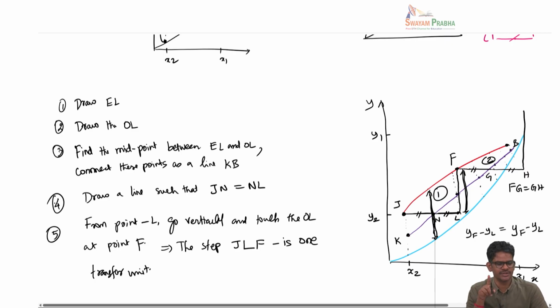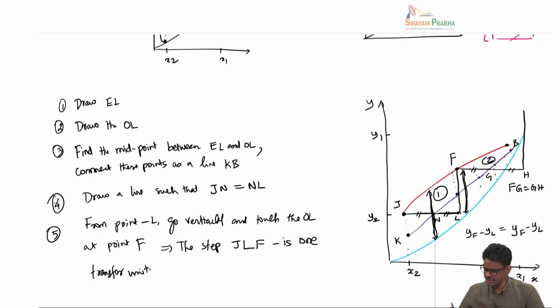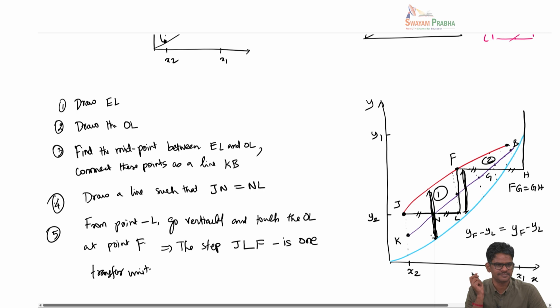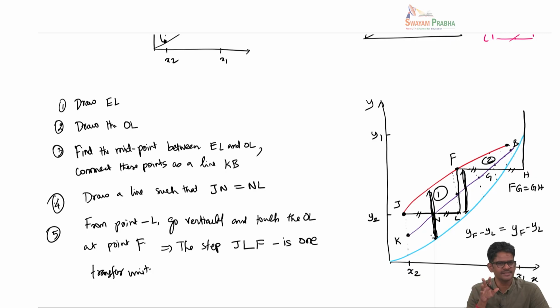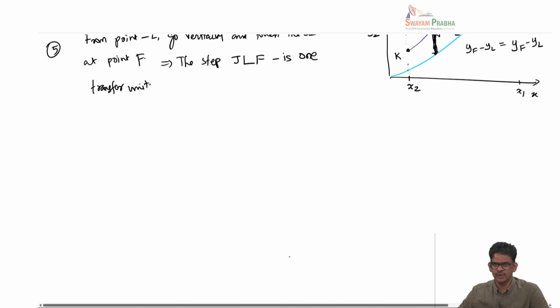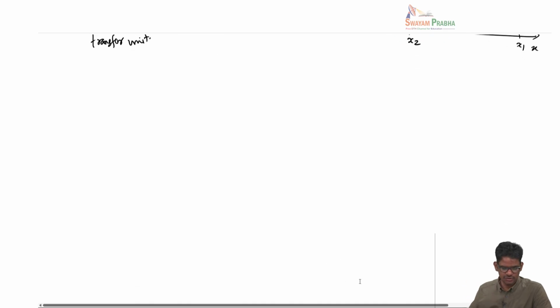So in one transfer unit, the composition change happening here is equal to the average driving force. That's why I'm taking this midpoint. Again, this is still an approximate method, not exact. Maybe in a couple of minutes I will also explain the same operation for the stripping operation.